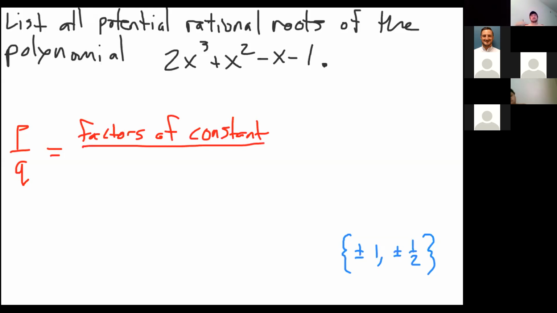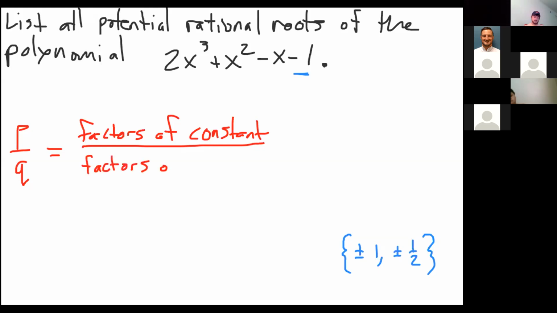That constant term is the number at the very end that doesn't have an x term associated with it. So in this case, it would be -1.